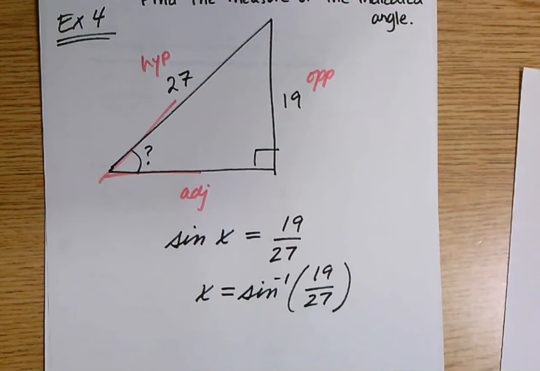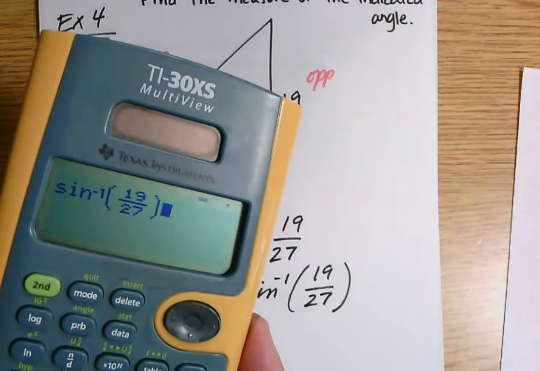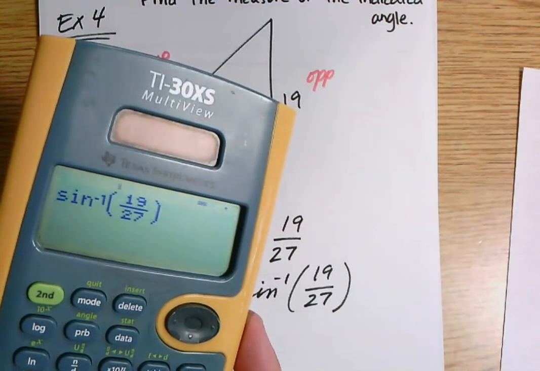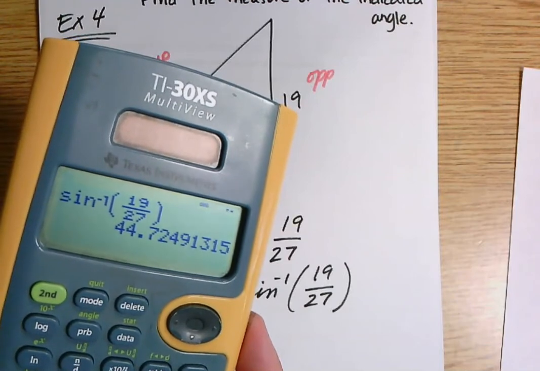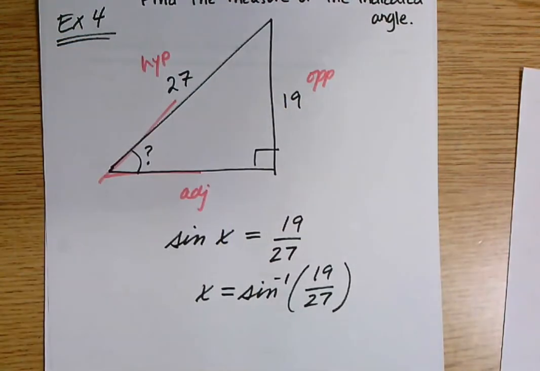So inverse sine 19/27 gives me 44.7 or about 45 degrees.